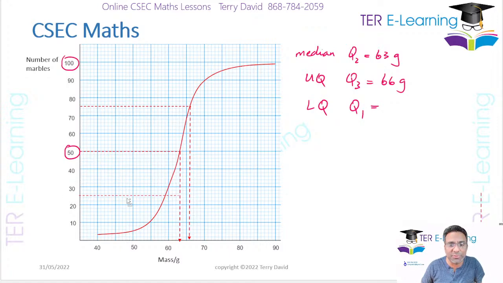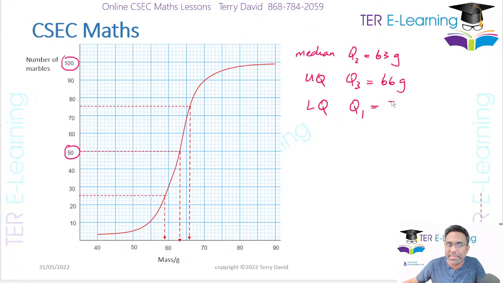So I need to read off 25 here. And that's around 59, right?